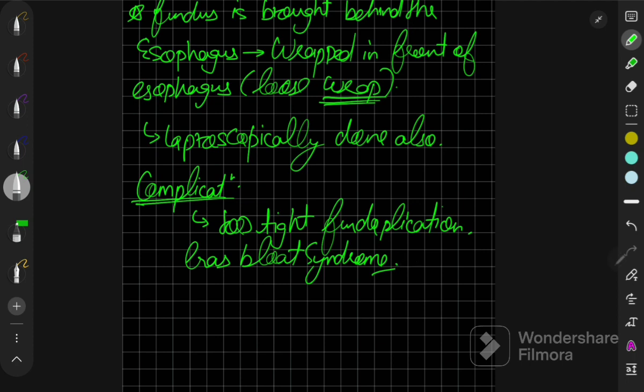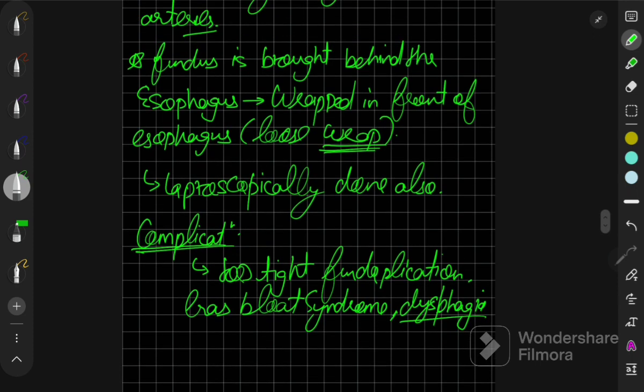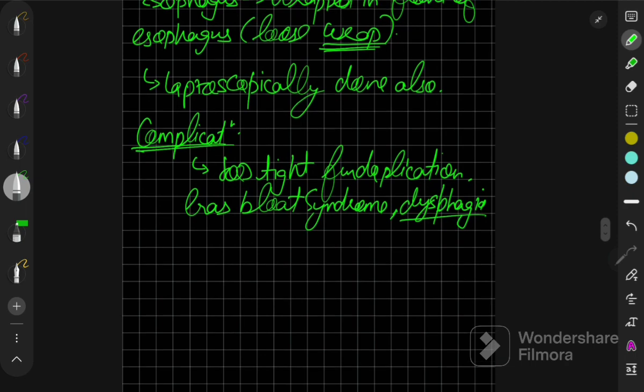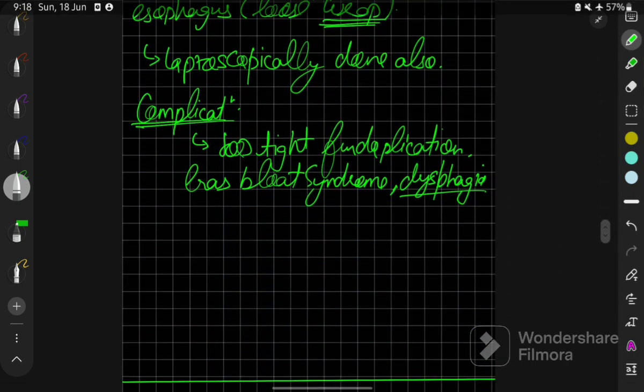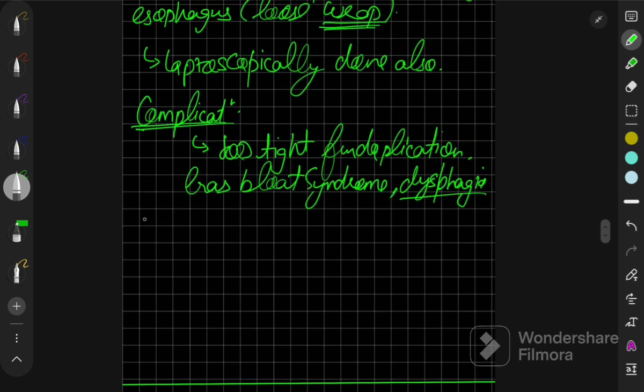That results in also dysphagia. Too tight fundoplication, gas bloat syndrome, dysphagia also occurs.